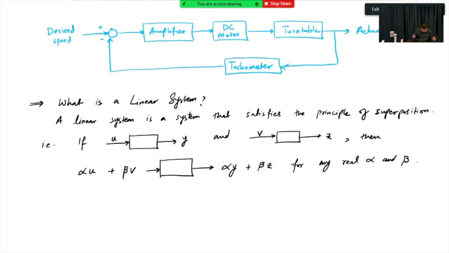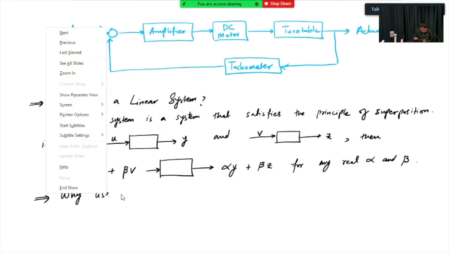Okay, now the question is why use linear systems? Right? Because the world is not linear.